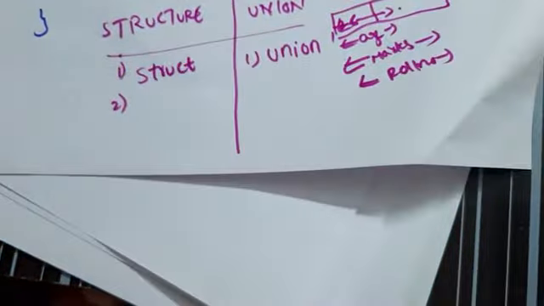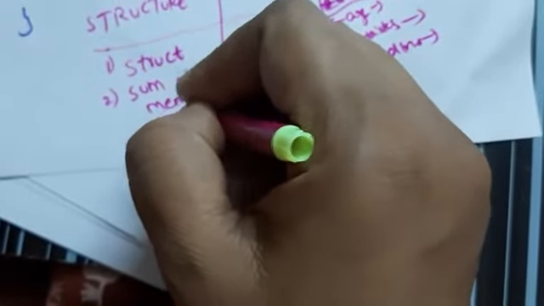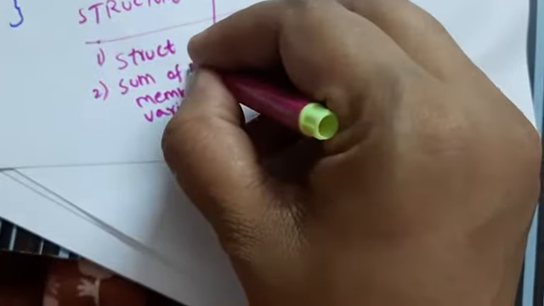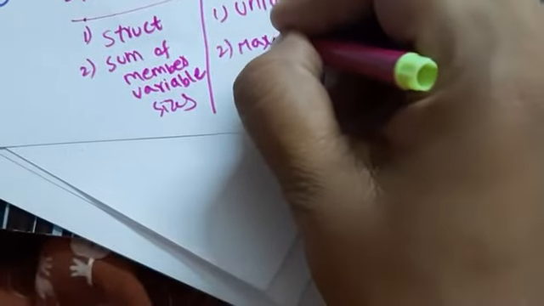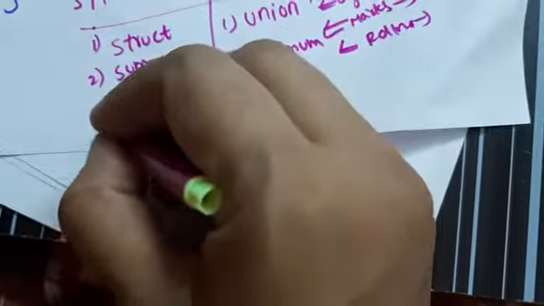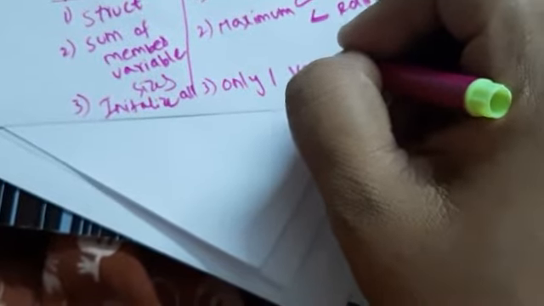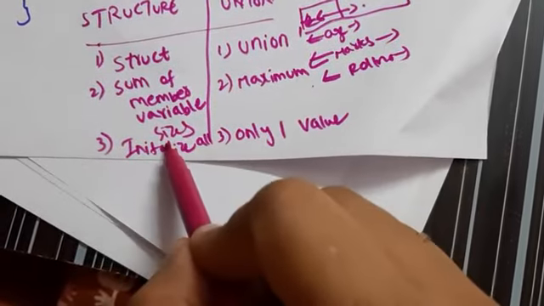Here the memory is the sum of the member variable sizes; here the maximum size you are going to take. Second difference: in structure you can initialize all values; here only one value. So struct keyword, union keyword, summation of all the member variables, maximum, initialize all, only one.